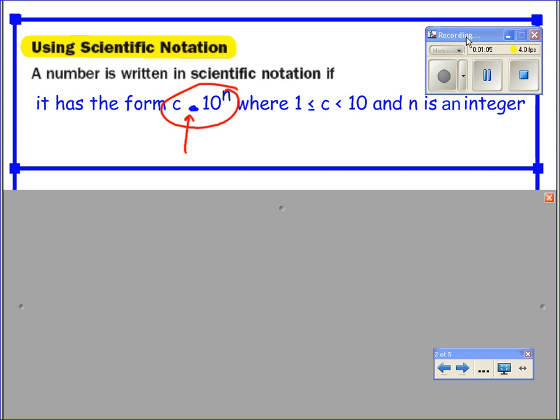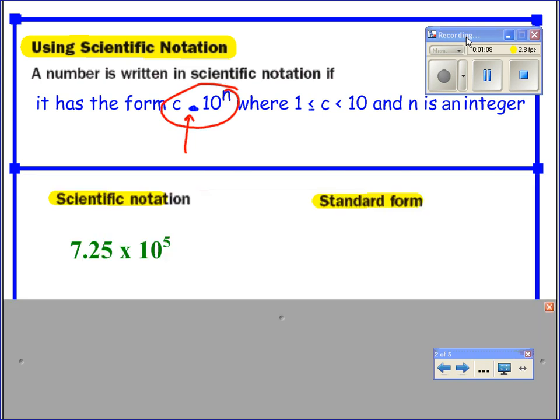Okay, so 2 examples explaining the definition a little bit better. First example, if we have 7.25 times 10 to the 5th power, and we want to convert that to standard form, we will do so by moving the decimal point to the right 5 places since we have a positive exponent. So I'm going to rewrite 7.25. We're going to move it to the right 5 places. So 1, 2, 3, 4, 5, and I'm going to redraw the decimal point.